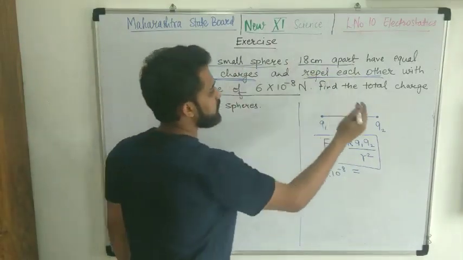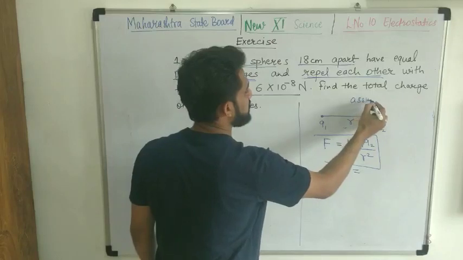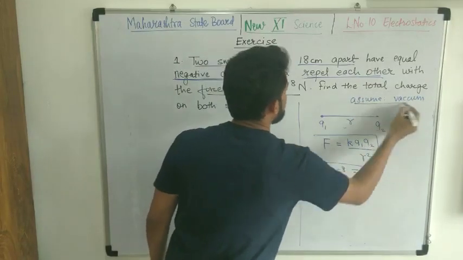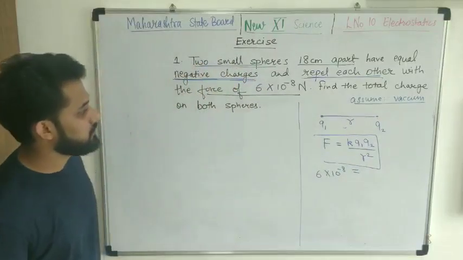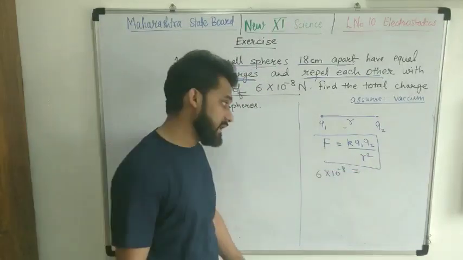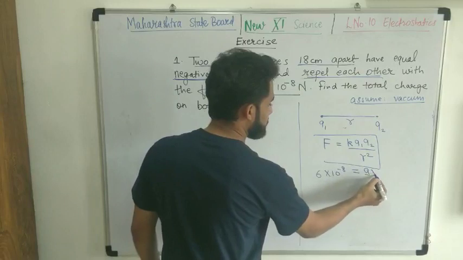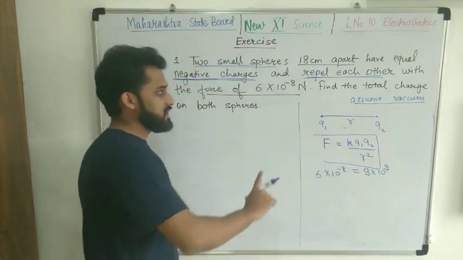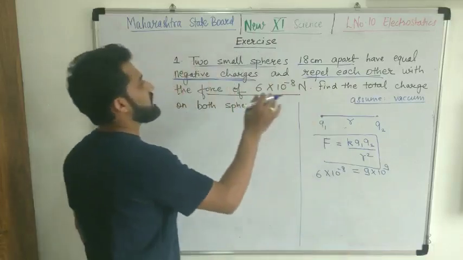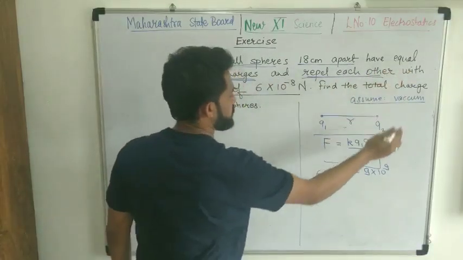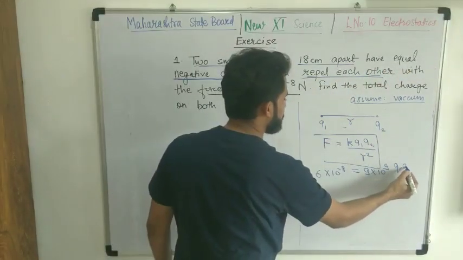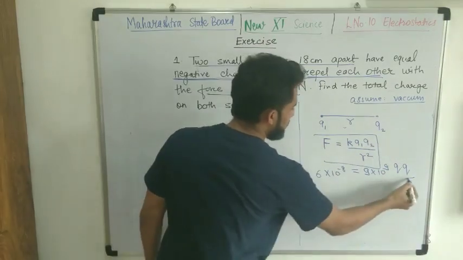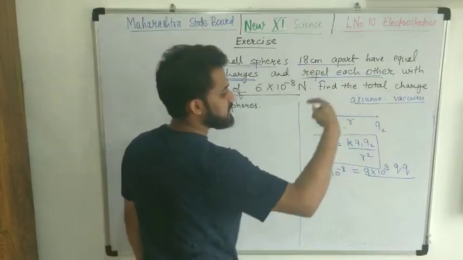Since the medium is not given, we are going to assume that the charges are placed in vacuum. If the charges are placed in vacuum, the constant of proportionality in Coulomb's law is 9 times 10 to the power 9. Charge 1, charge 2 are not given, but they are equal charges. So I can write it as Q into Q, divided by the square of distance, 18 square.